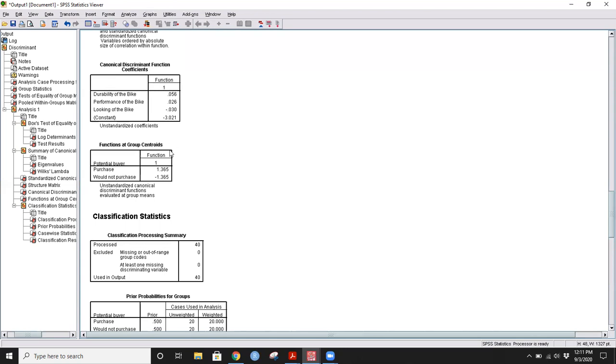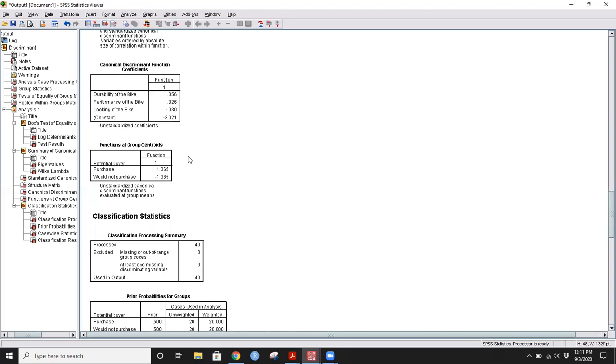Now, what is the significance of these centroids? All those customers whose Di scores, that is the discriminant scores, are closer to the centroid for purchase will be classified as a purchaser.